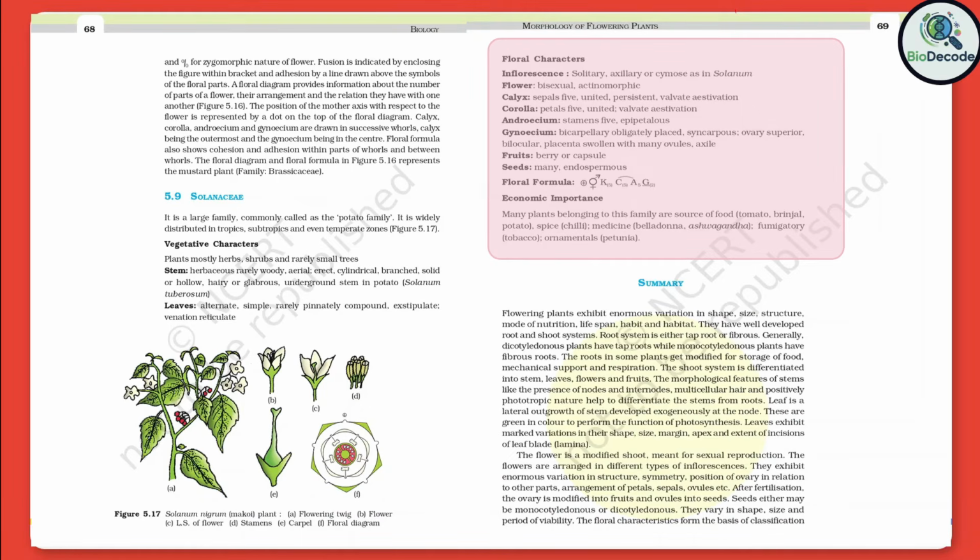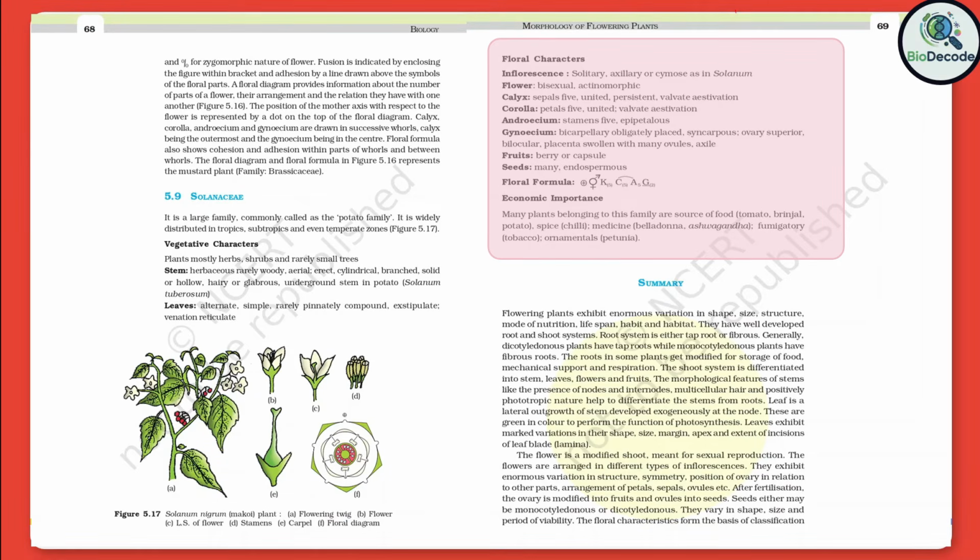endospermous. Therefore, the floral formula is read as follows. The combined symbol of male and female represents a bisexual or hermaphrodite flower. The circle with a plus sign inside it denotes an actinomorphic flower, with 5 united sepals shown as capital K with 5 in brackets, 5 united petals shown as capital C with 5 in brackets, 5 stamens shown as capital A5, and a bicarpellary superior ovary shown as capital G with a line below and 2 in brackets.